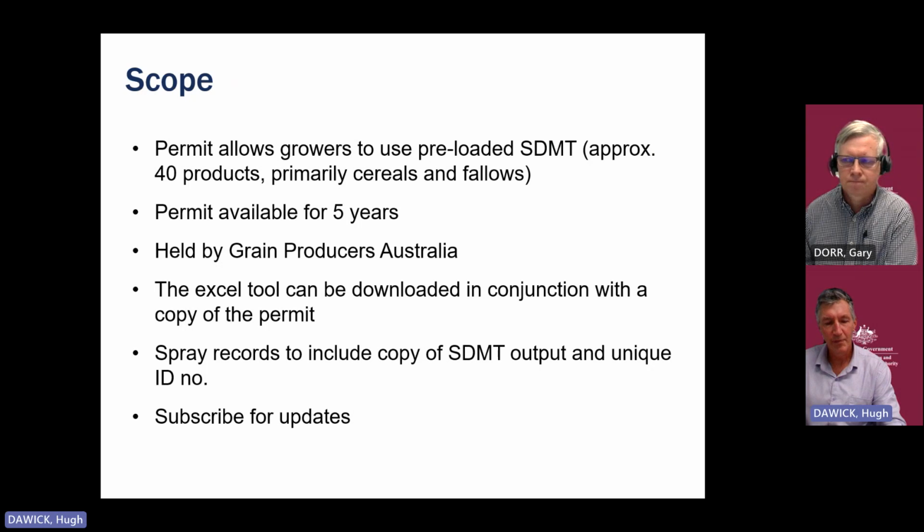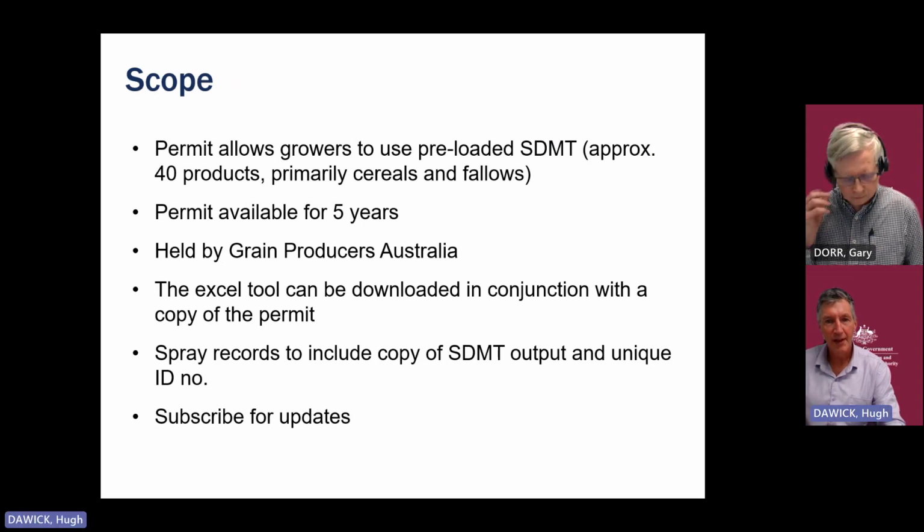The modified version of the spray drift management tool that we're making available to you is preloaded with 40 products, primarily for use on cereals and fallows. The permit is available for 5 years, and it's for use throughout Australia, and it's held by Grain Producers Australia, hence the focus on the cereal and fallow uses.